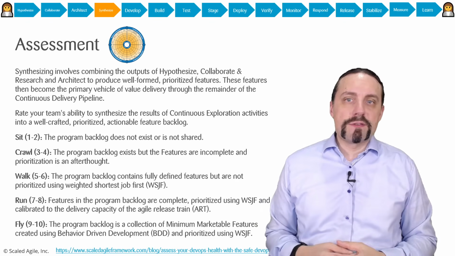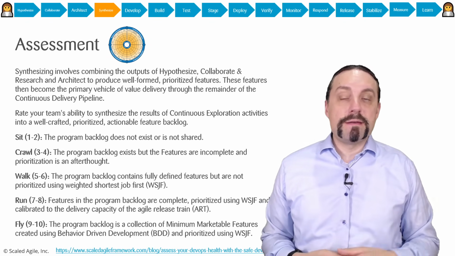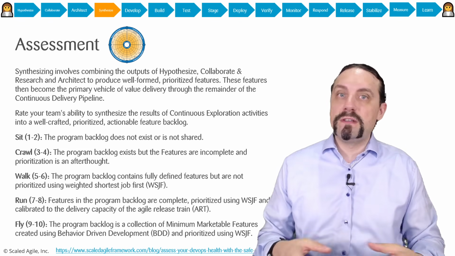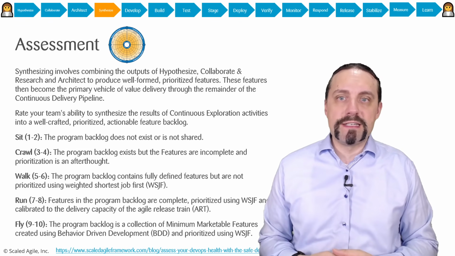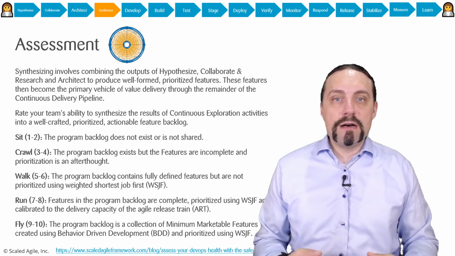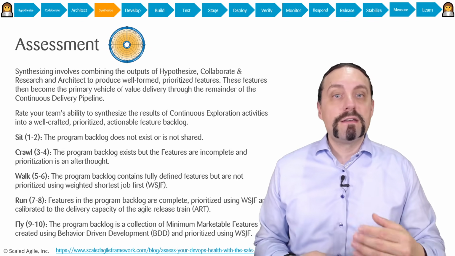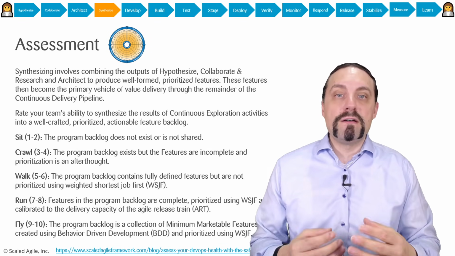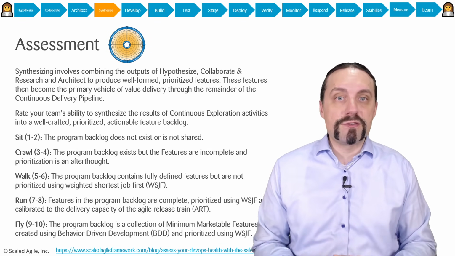You can assess yourself in the synthesize step how good you and your team or your team of teams or your Agile release train is. Synthesizing involves combining the output of hypothesize, collaborate and research, and architect to produce well-formed prioritized features.